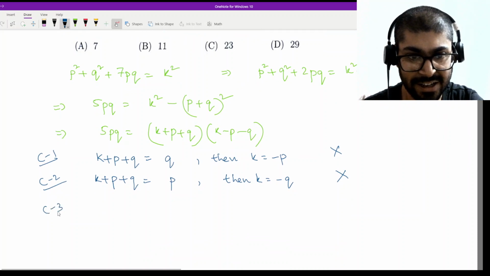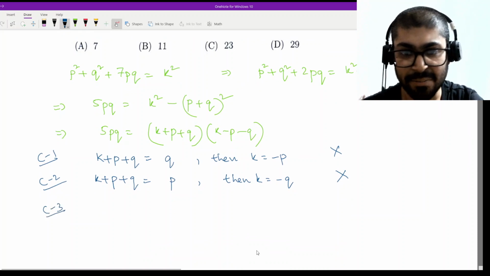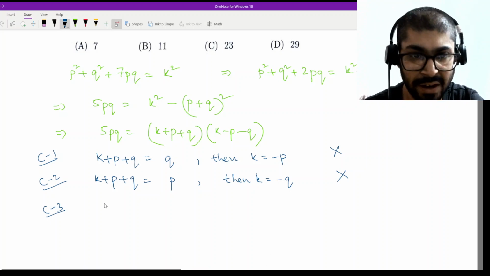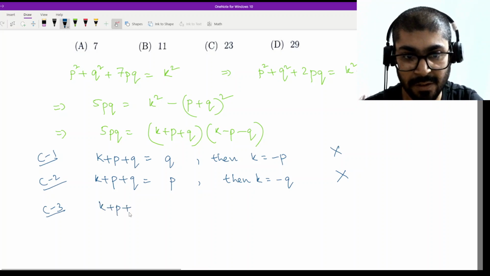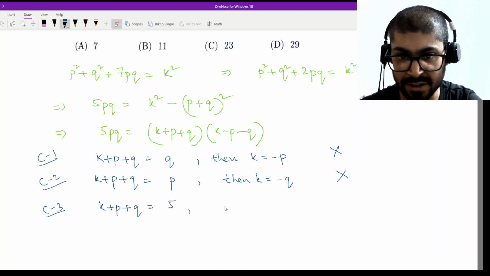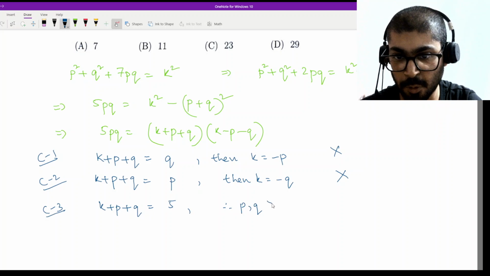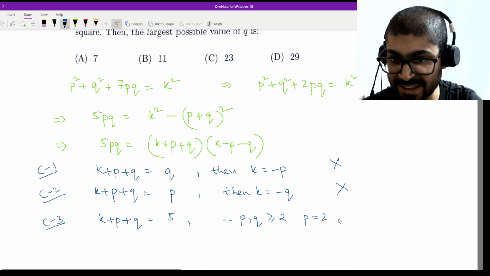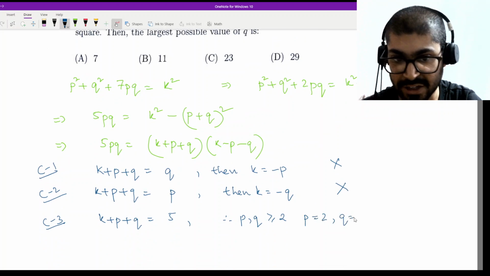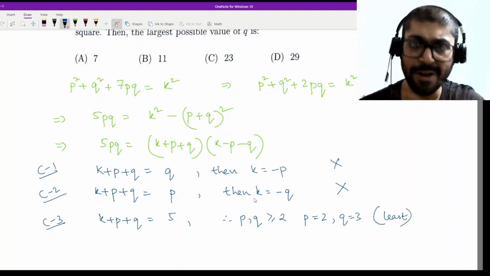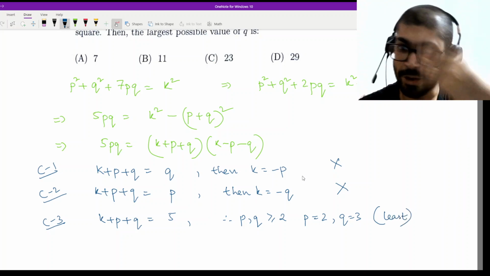Then case 3, k plus p plus q could be equal to 5. Now think, p and q are primes, therefore p and q both will be greater than or equal to 2, and p is strictly less. So if p is 2, at the least, then q should be 3. This is the least case. Then k will become 0, so again, that is not possible.